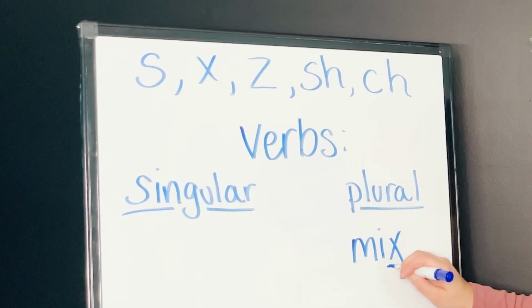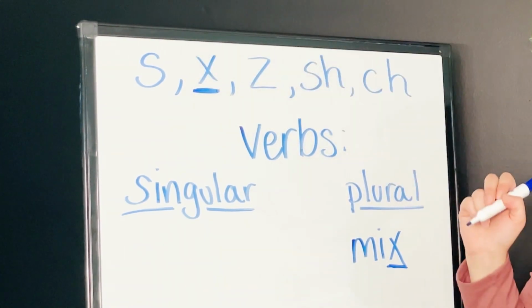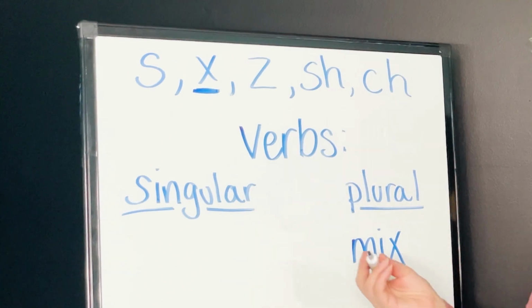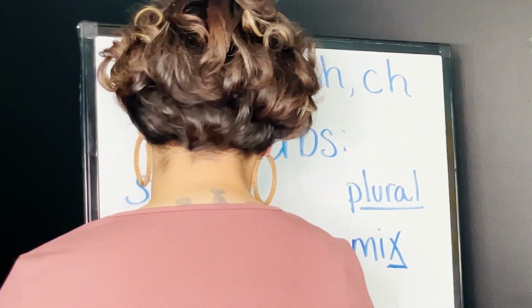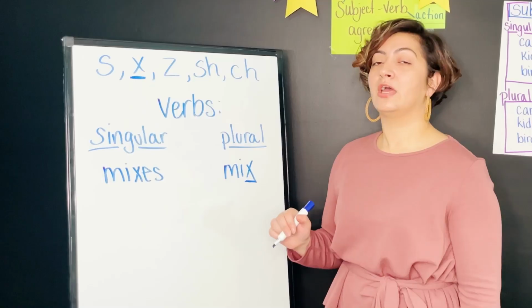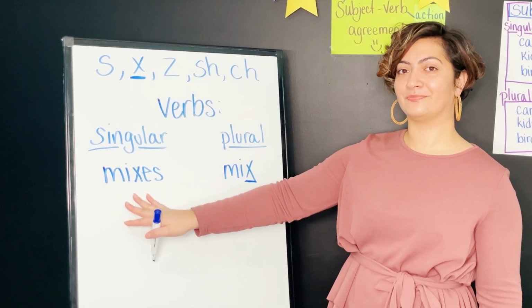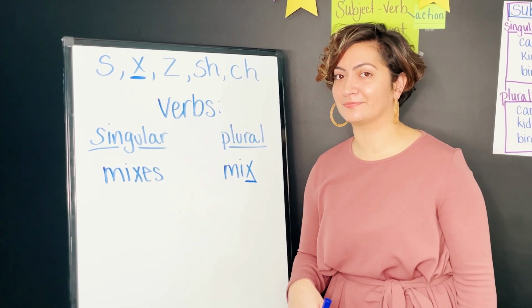This word ends in one of our special letters, an X. So I can't just simply add an S, I need to add ES. So my singular verb would be the word mixes. I could say, the child mixes the cake batter.